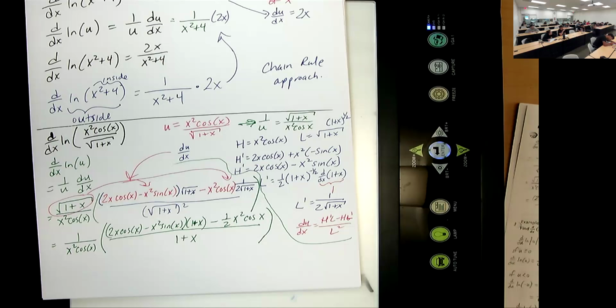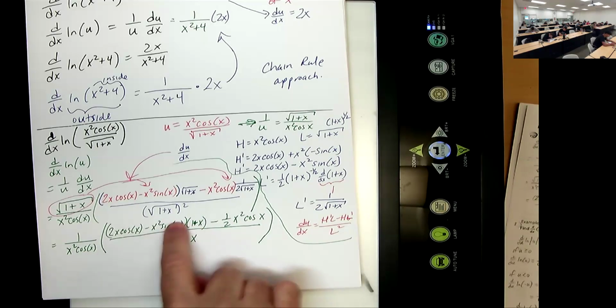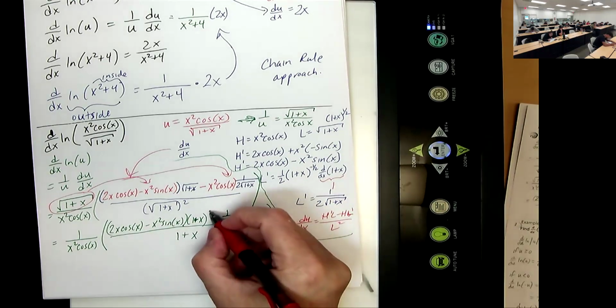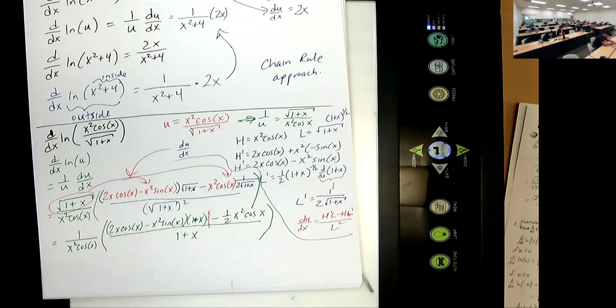We're almost there. So this 1 plus x is times all of this. Let's break this into 2 fractions, separating it there.